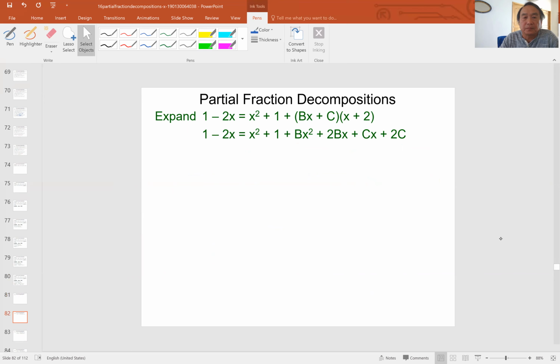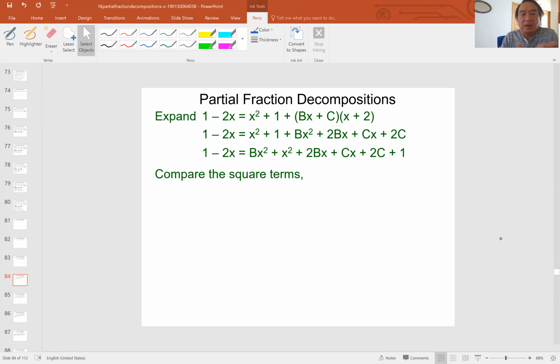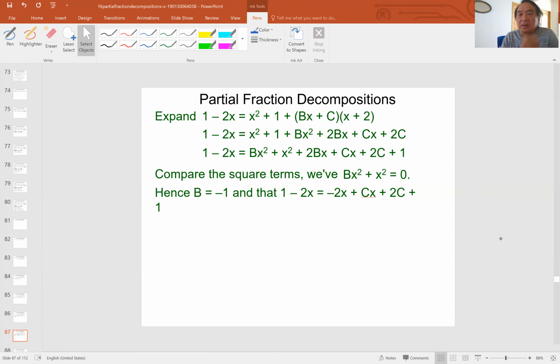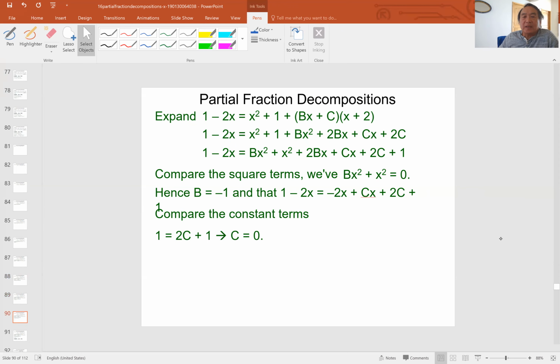Clean it up. You can clean up or expand it to compare. Essentially, you compare the terms again. You can get b is minus 1 and c is equal to the constant terms. So you can read the sequential logic of how to get the highest degree term number and get the coefficient numbers.